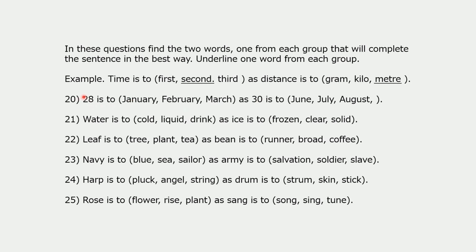So what month has 28 days? Well, we know that there's only one month that has 28 days, which is February. Which month has 30 days? Many months have 30 days, so we need to figure out which out of these have 30 days.